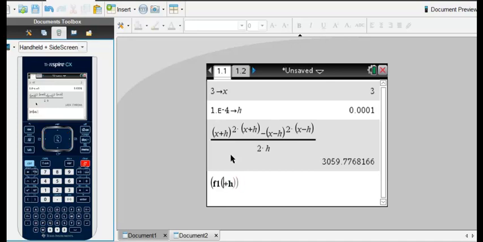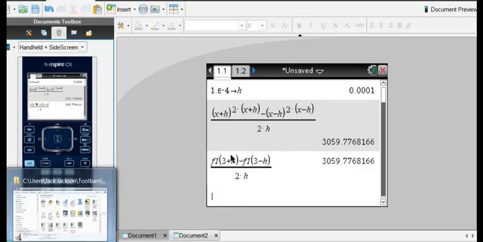So let's go ahead and just put the number 3 plus h minus f1 of 3 minus h and divide by parentheses 2 times h. And so you can do it that way. So same kind of a shortcut.